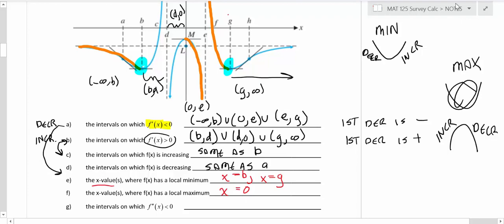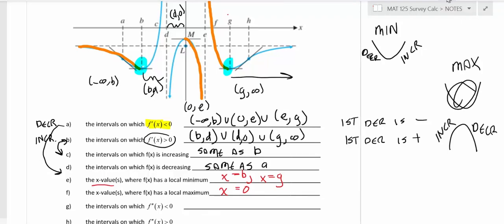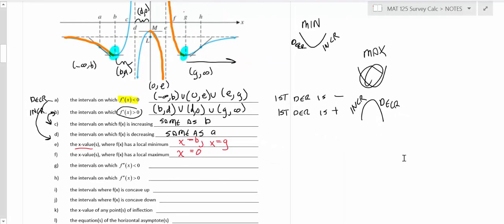That's kind of an overview, really, of what we talked about in section 11.1. Now the rest of this, we start getting into the second derivative. So when you get to g, this is saying the second derivative is negative. Okay, well, what did that tell you? Remember the happy face, sad face? Second derivative is negative. What does that tell you about the graph?